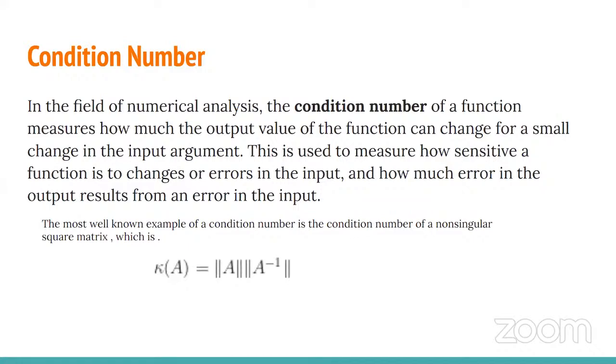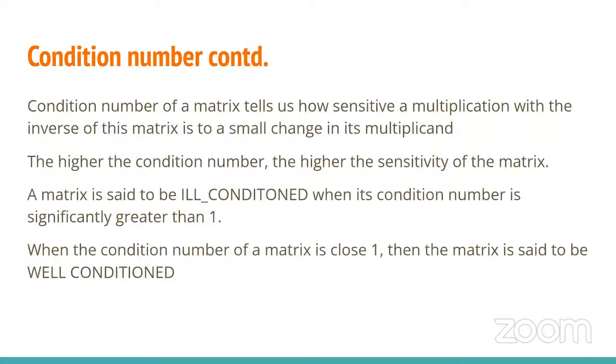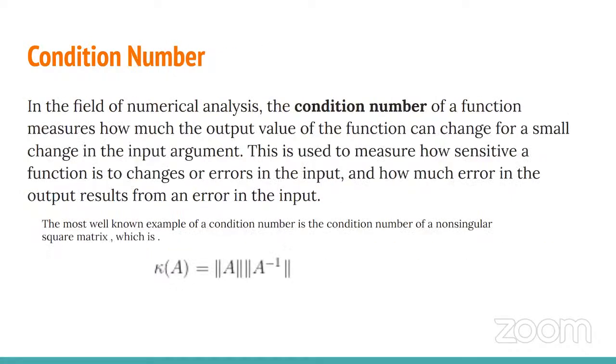Like the example I gave, it was supposed to be x plus 1.001y equals 2. We made an error and said x plus 1.001y equals 2.001. Just that small error changed it from x equals 2, y equals 0 to something as big as x equals 1, y equals 1.